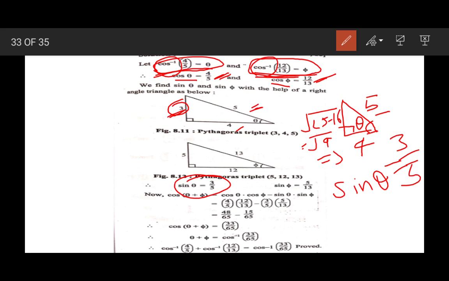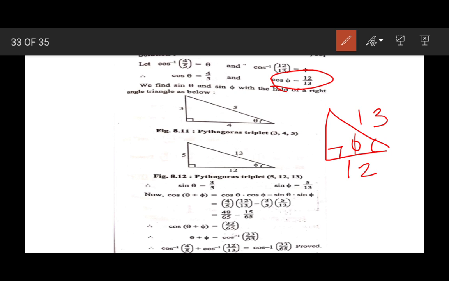Now similarly we have to do this for phi. Cos phi is 12 upon 13, so again I have to draw a right angle triangle. In this right angle triangle this angle is phi. So cos phi is 12 upon 13 means this side is 12, this side is 13.